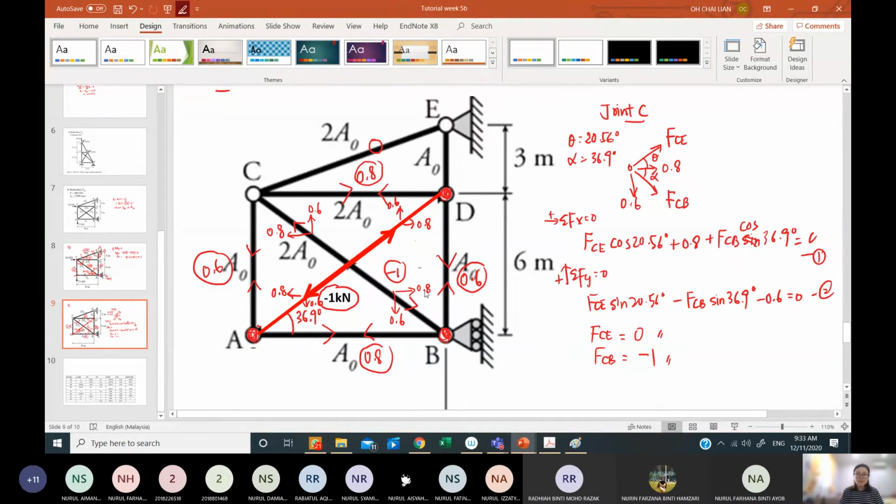So now you have solved for members A, B, D, and we can go back to D to solve for member DE. This is 0.6 going up. So how much is DE? Can you solve for me? It is 0.